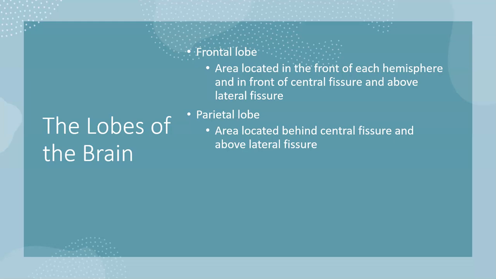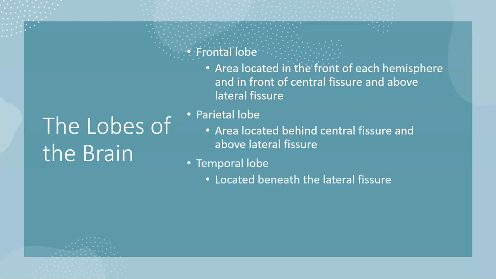Anatomically, it's in front of what's called the central fissure. There are lots of these little peaks and valleys along the ridges within the brain. So it's in front of the central fissure and above the lateral fissure. The parietal lobe is just behind that, behind the central fissure, but still above the lateral.